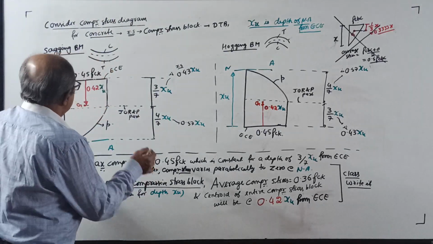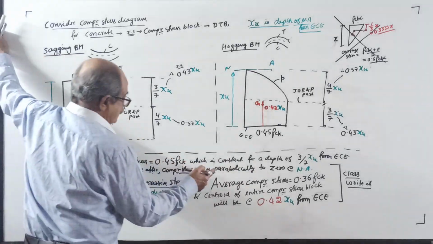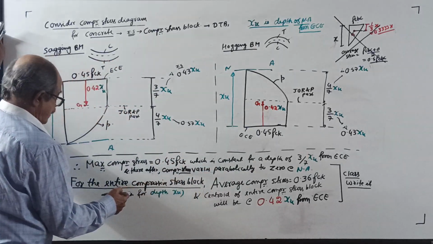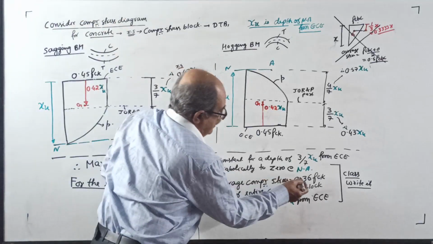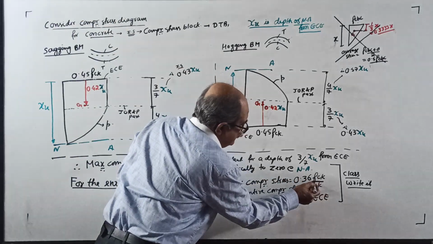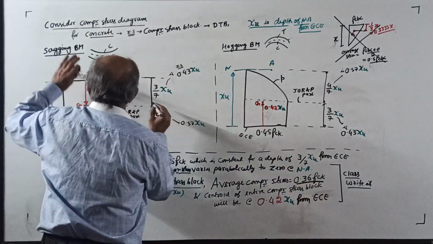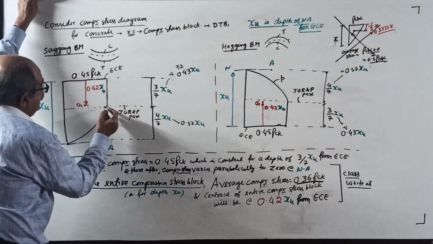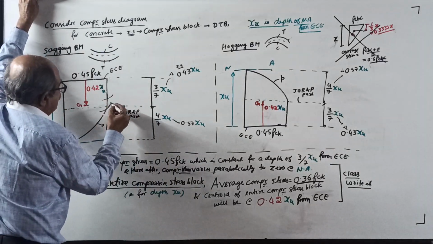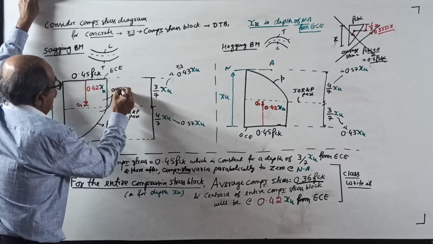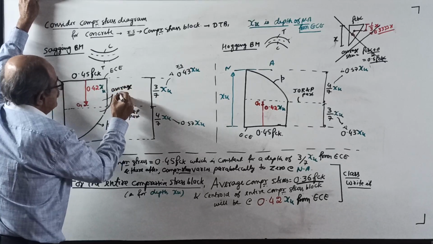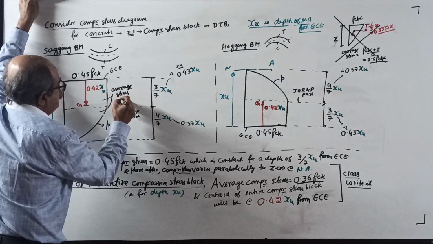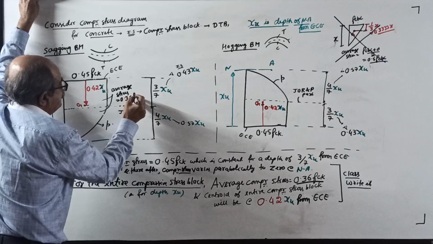Where is it written? Average stress, somewhere written. Here, see, I wrote here. It is 0.36 FCK. So, for this complete stress block, average stress equal to 0.36 FCK.